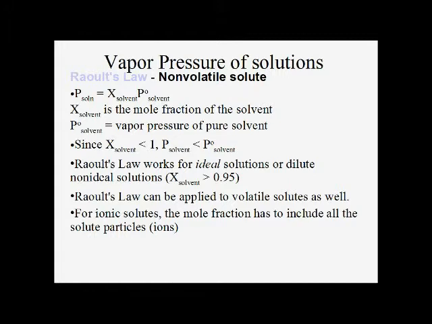It does change with temperature. So as we increase the temperature of the container with the liquid, you'll notice the pressure increase. So the vapor pressure of the liquid is increasing.